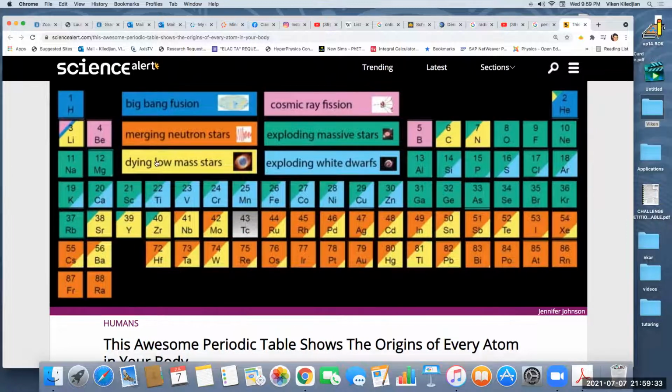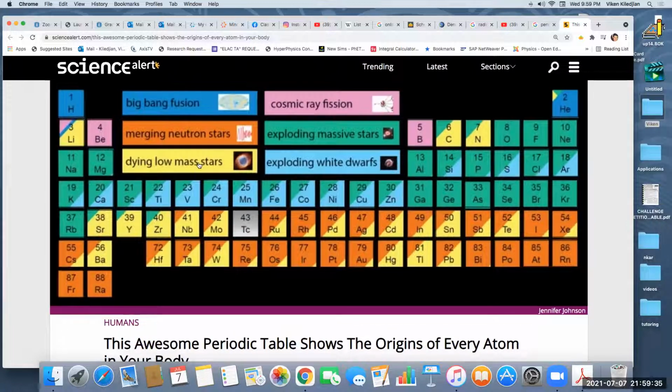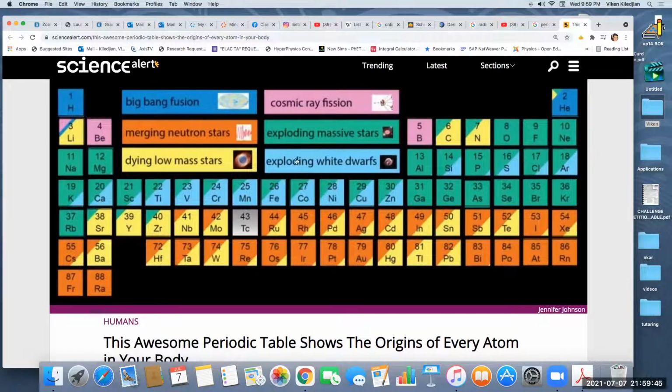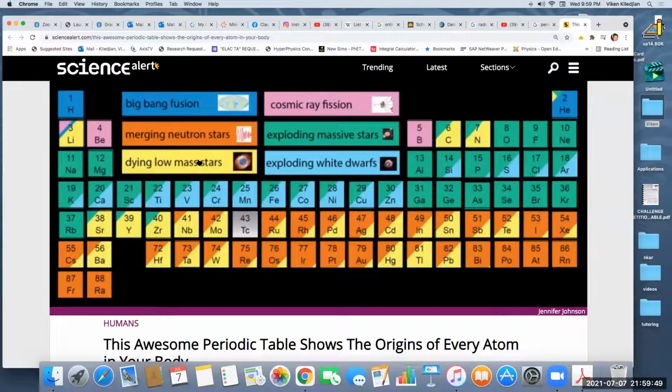Then we get to dying low mass stars, which would include our sun. They would be stars like our sun or even lighter, up to 10 times solar mass.